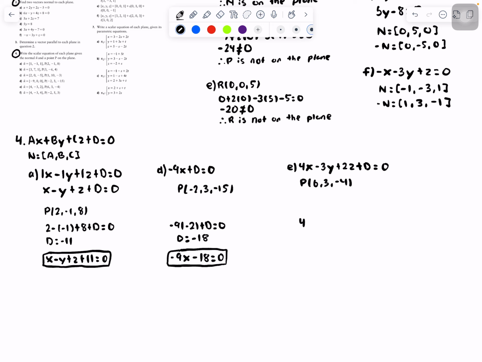And then, sub that in: 4 times 6 minus 3 times 3 plus 2 times -4 plus d equals 0. Then d would equal the negative of that, which is 7, so moving it over, you get -7. So the final equation is 4x minus 3y plus 2z minus 7 equals 0.